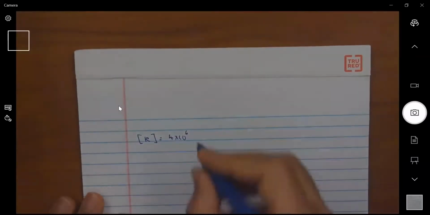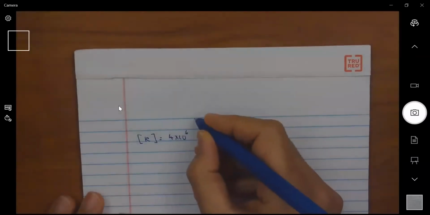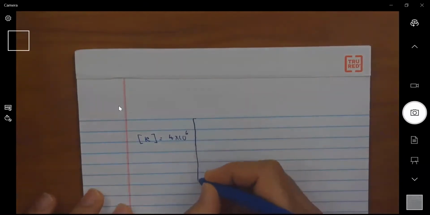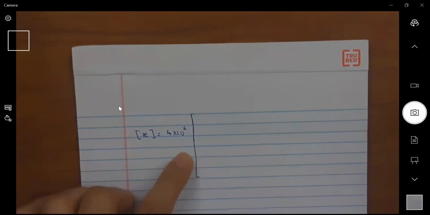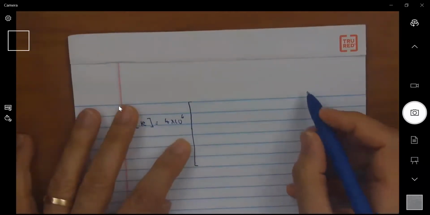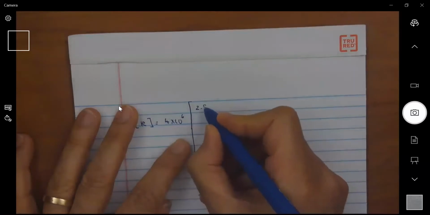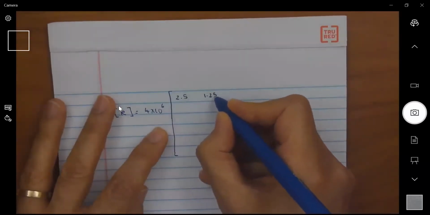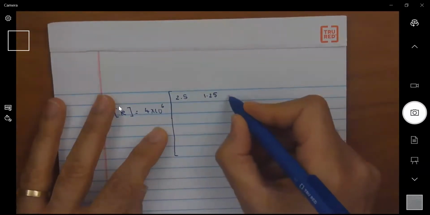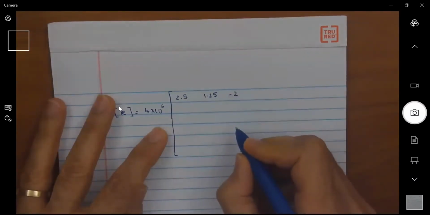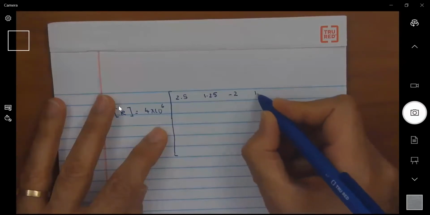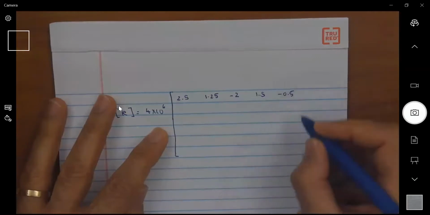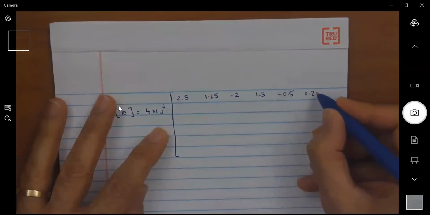So when I do the math here for a 6 by 6, I will get a 2.5, a 1.25, a minus 2, a 1.5, a minus 0.5, and a 0.25.